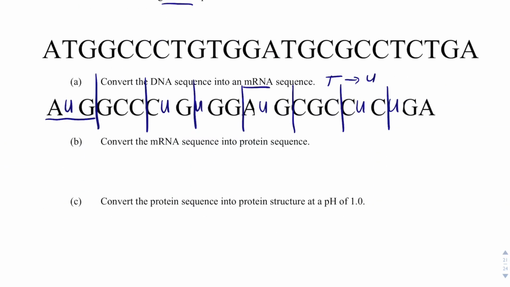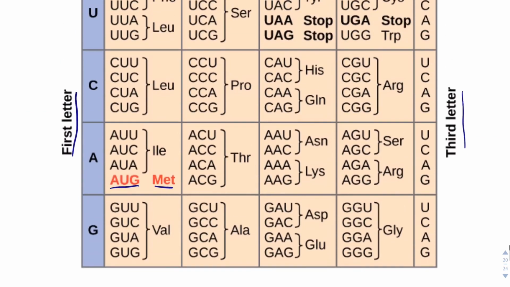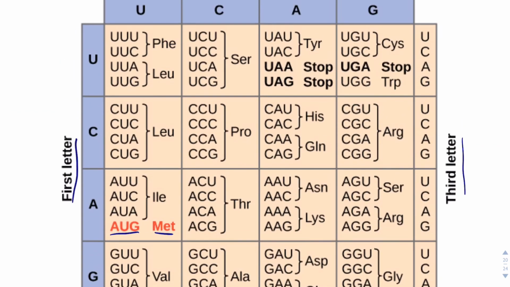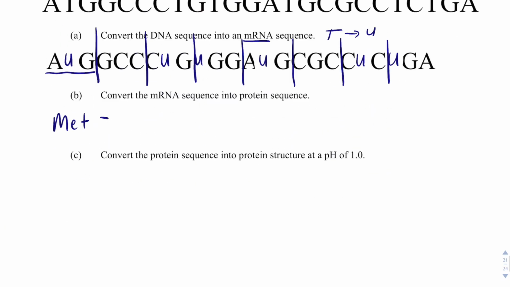Methionine is always going to be my first codon. Now I need GCC. Here's how I'm going to read this. My first letter is G, my second letter is C, and where those intersect, GCC, I'm going to have alanine. It takes a little bit of practice to read this chart, but I find it pretty straightforward once you do it a little bit.